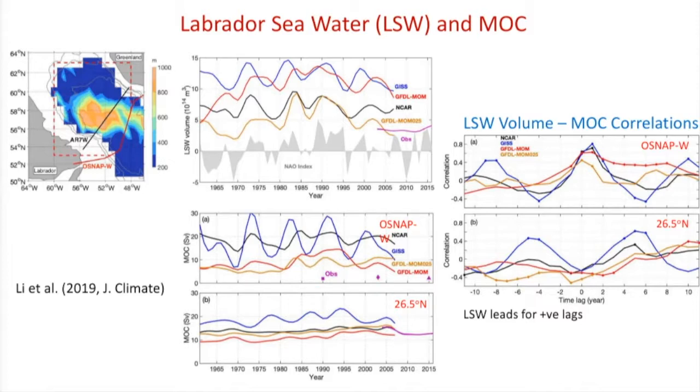This is essentially a study led by Feiyu Li from Duke, and what is done here is, in this red box region, we have looked at 4 different models: NASA GISS, GFDL MOM, NCAR, and the GFDL quarter-degree MOM version, and looked at their overturning circulation at the OSNAP West line, as well as the 26.5 degrees north line, and we looked at essentially the Labrador Sea water volume in these models using a potential vorticity criterion. So our results are shown here.